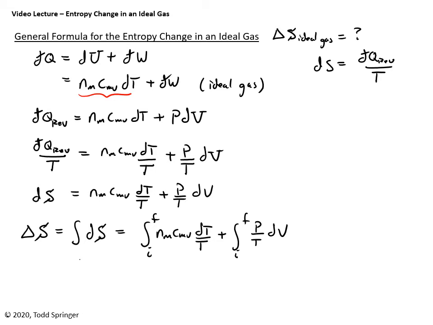The second one, you say, looks just as bad as before because I need to know P as a function of V. However, I know by the ideal gas law that P over T is N_m R over V. So this is the ideal gas law.